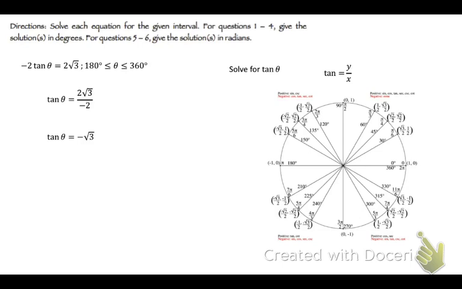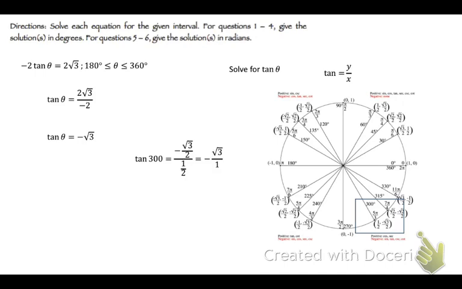So at 300 degrees, if you take the y divided by the x, you get negative square root of 3 over 2 divided by 1/2. Let's go through that math right now to make sure that actually works. If you write that out, those 2's cancel because there's a 2 on top and a 2 on bottom.